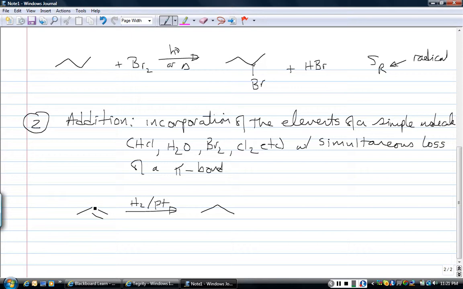But this carbon only has 1 H, now it has 2 H's, so this carbon has gained an H. This carbon has 2 H's, now it's got 3. So literally what I did is I added an H to this carbon and an H to that carbon. So I've added or incorporated the elements of a simple molecule, H2, and I've simultaneously destroyed a pi bond. So this is called an addition reaction. I can actually call this one a hydrogenation reaction.